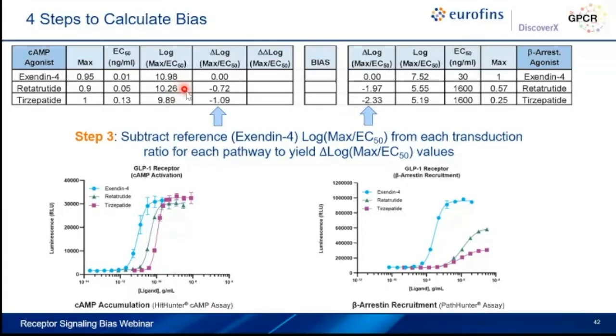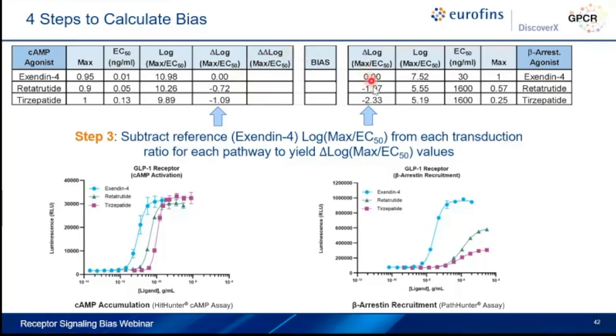And I said, relative to Exendin 4, what is the relative power of these other two agonists? And so you just calculate delta log max over EC50, and there it is for each pathway. Now I've normalized for G proteins, beta-arrestin, according to a common reference.